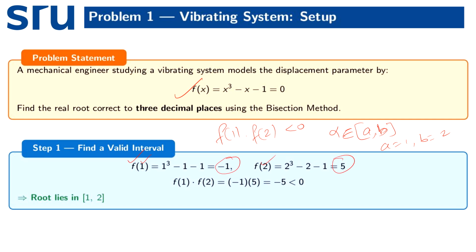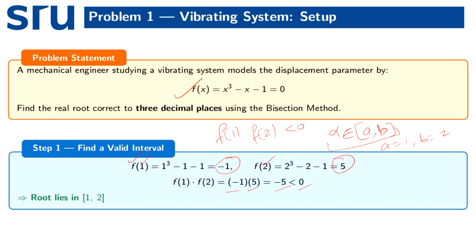Now you check the condition: minus 1 into 5 is equal to minus 5, which is less than 0. We can observe that it is negative, so the sign change condition is satisfied. Therefore, we can conclude that the root lies in the interval 1 to 2.